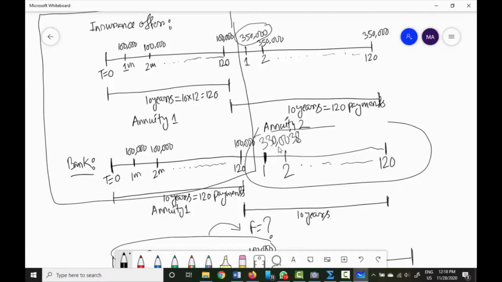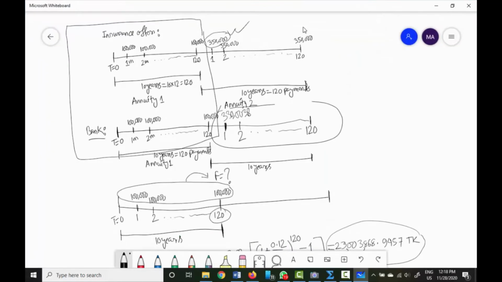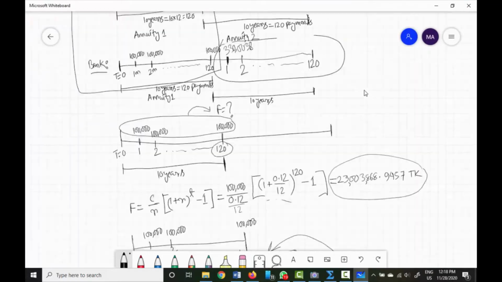So obviously the insurance company will pay us more, and the insurance offer is much better.